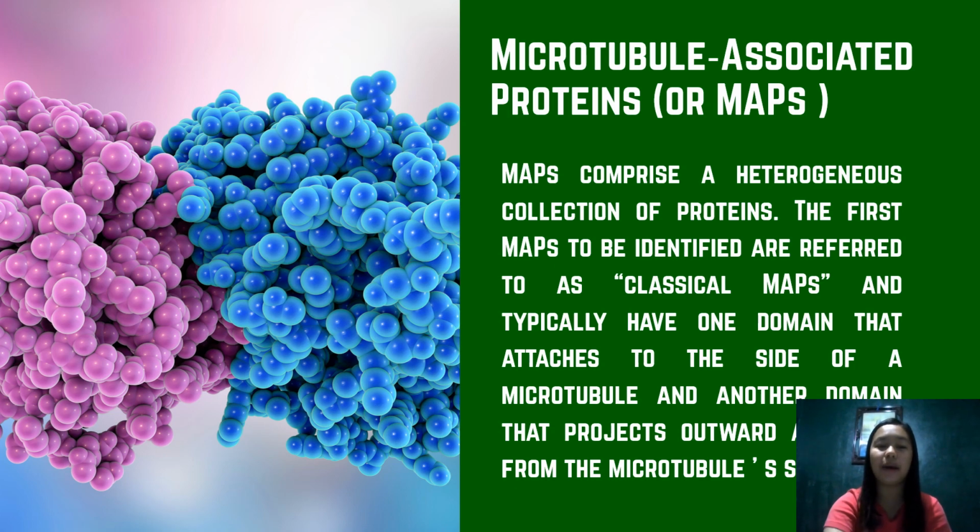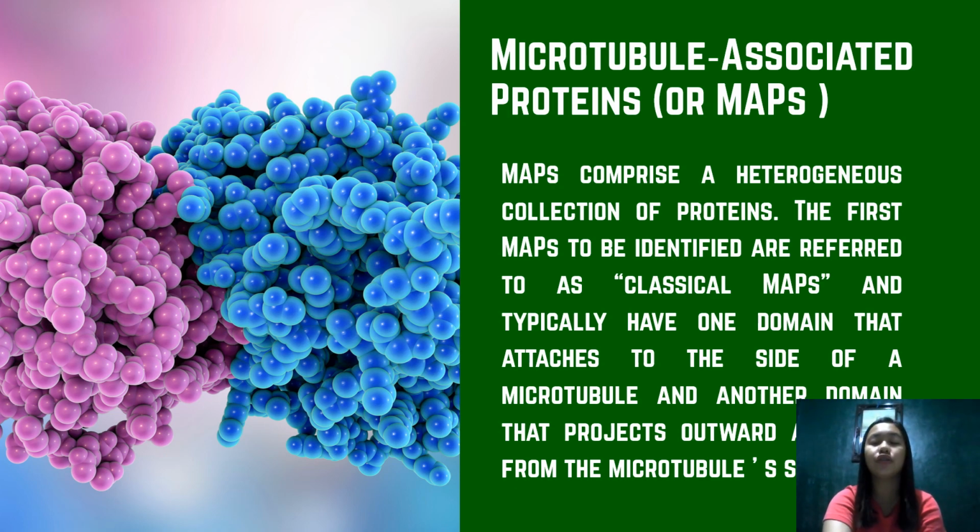Sunod naman ay ang MAPs or microtubule associated proteins, constitute a diverse group of proteins within the cell. So the term encompasses a heterogeneous collection of proteins with varying functions related to microtubules. The initial group identified, known as the classical MAPs, typically possess a structural configuration featuring one domain that binds to the side of a microtubule and another domain that extends outward like a tail from the microtubule's surface.